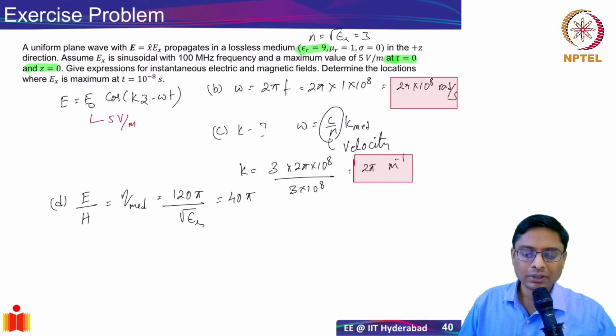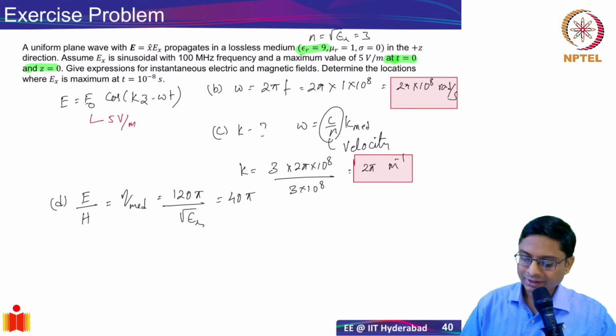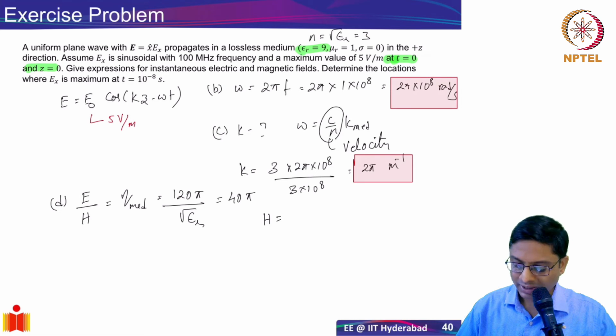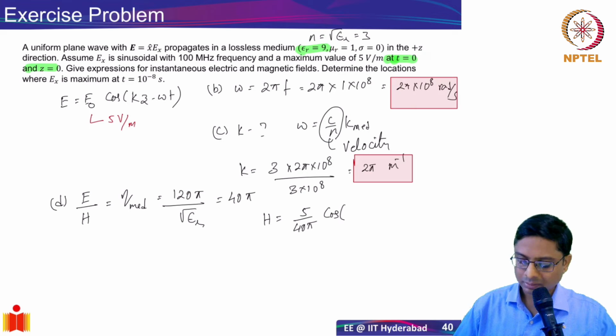Now what will be my magnetic field? I can simply write out the expression. My electric field was 5 volt, so the magnetic field is going to be 5 divided by 40 pi into cosine of kz minus omega t. The same thing remains.